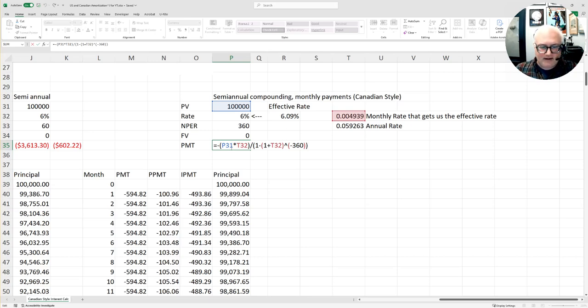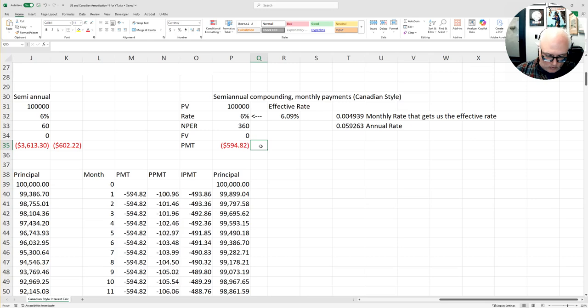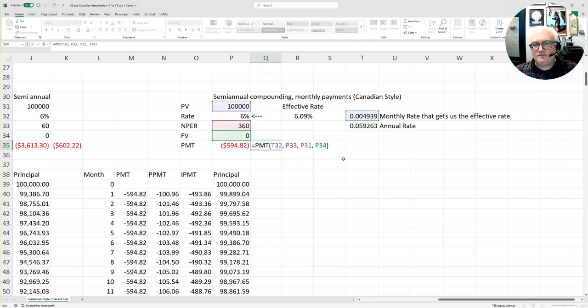We could either do it longhand, which is incredibly annoying, or my preferred choice would be the shorthand way, that is to say, to use the same PMT function, with that as my monthly rate, that's the number of months, that's the amount of money we're borrowing, and that's the future value. There it is. So, in short, $594.82 is the payment we will pay monthly.